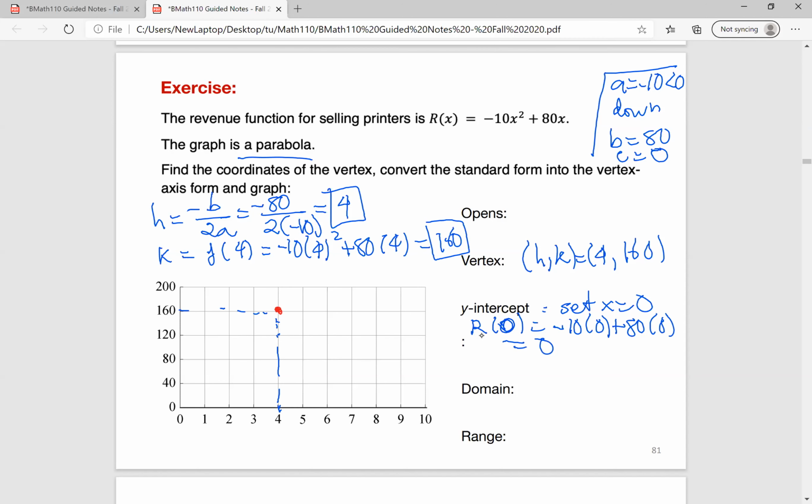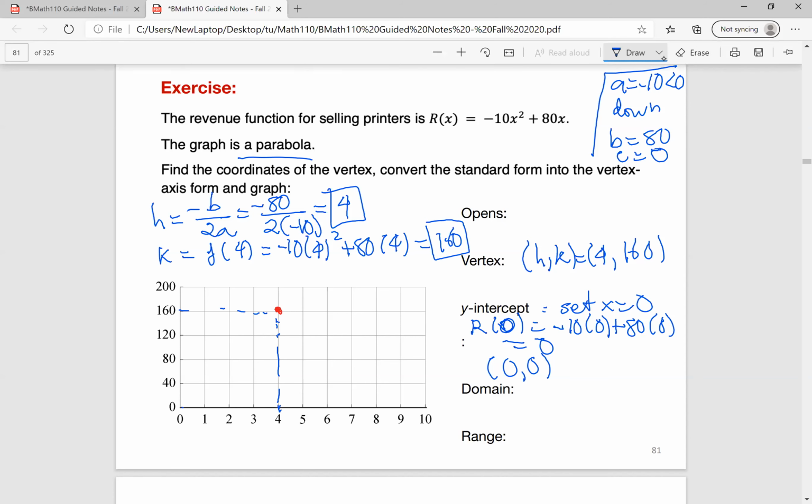So then the y-intercept has to be the point 0, 0, which is the origin. So this is the one at the point.